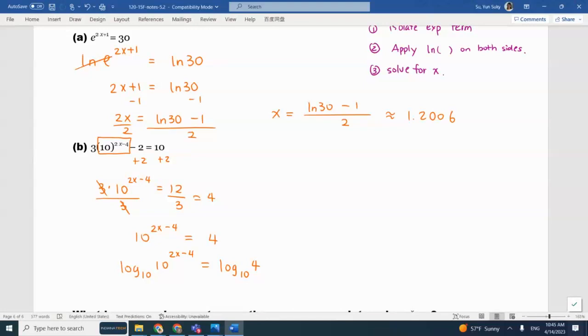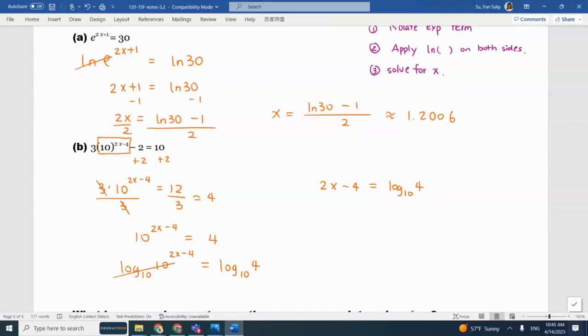So log and exponential function, they are inverse functions. Is that okay, everybody? When you want to carry out the exponential function, you apply the log. They cancel. We get 2x minus 4 is log base 10 of 4.